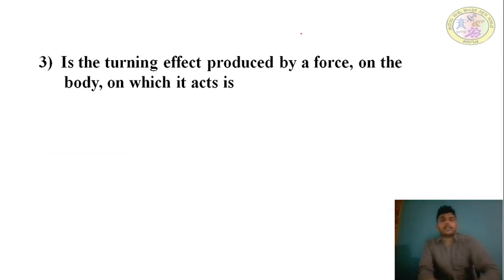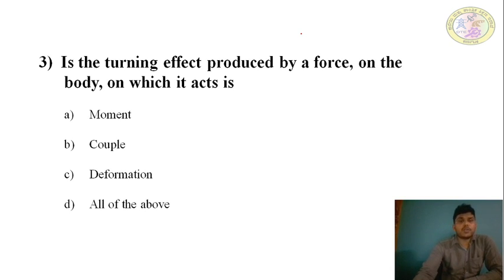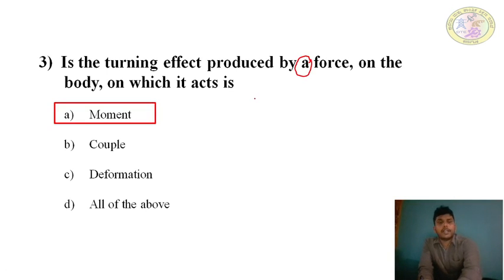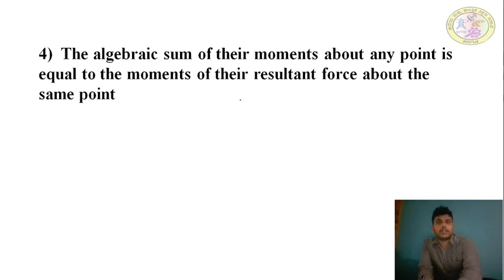Next question. The turning effect produced by a force on the body on which it acts is called moment. They have given a force here, which means a single force. If there were two forces, it would be called a couple. The algebraic sum of the moments of forces about any point is equal to the moment of their resultant force about the same point.